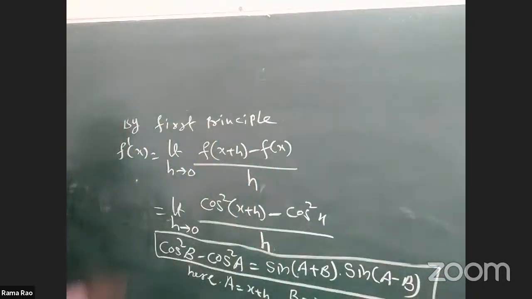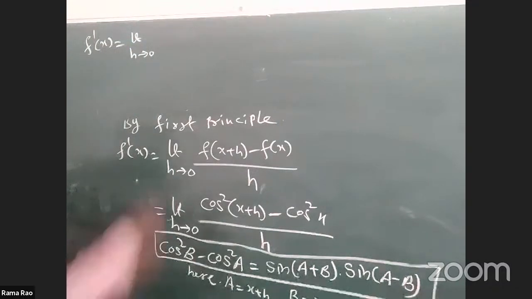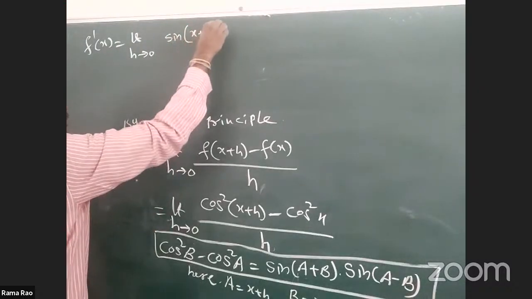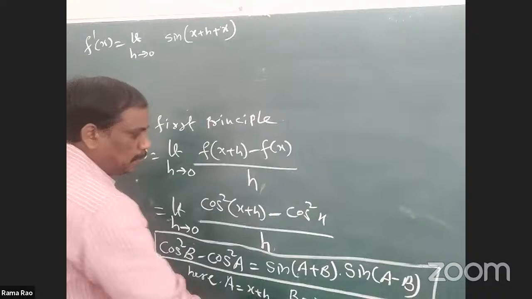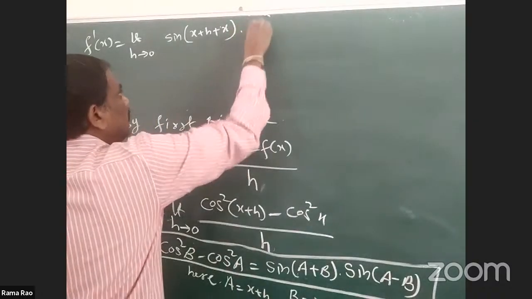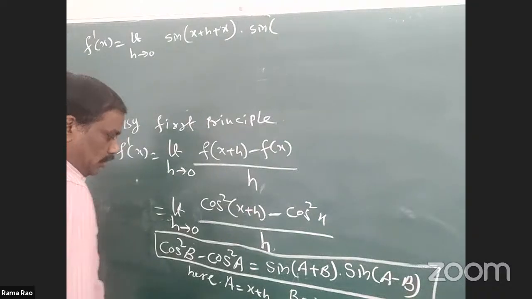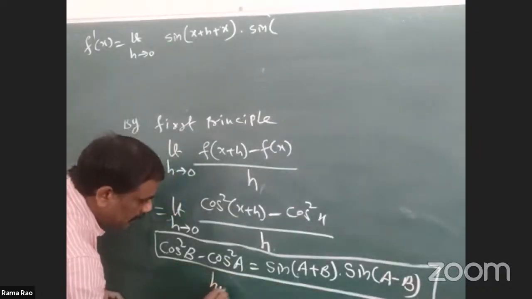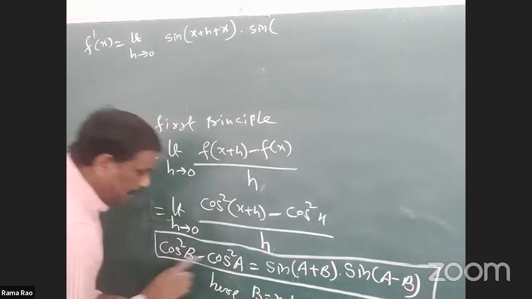This is the formula. Now, f dash x is equal to limit h tends to 0 of sin of a plus b, which is x plus h plus x, into sin of a minus b. Here cos square b minus cos square a, b means x plus h, a means x.